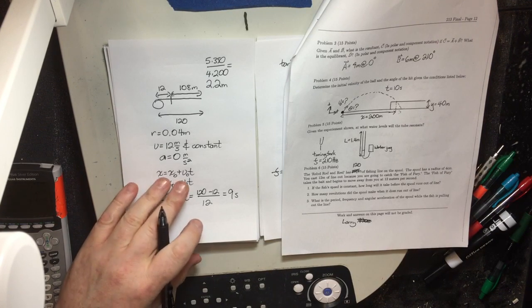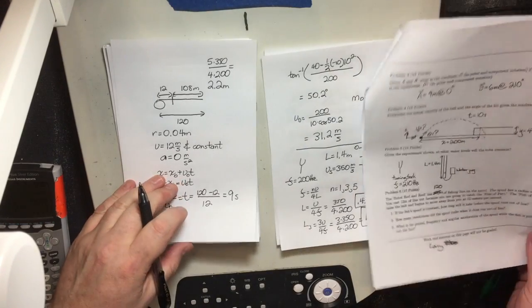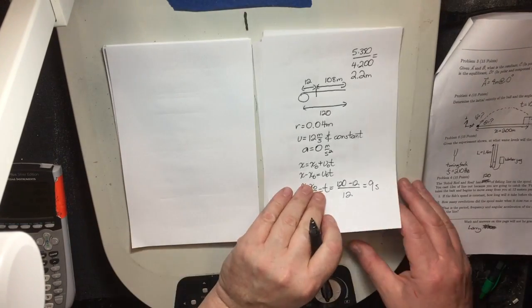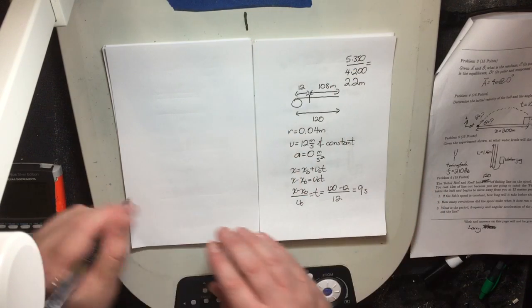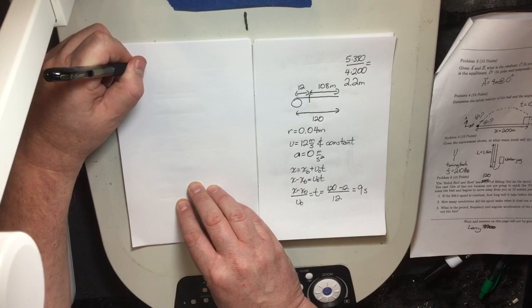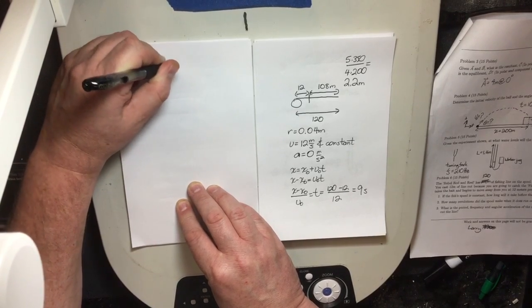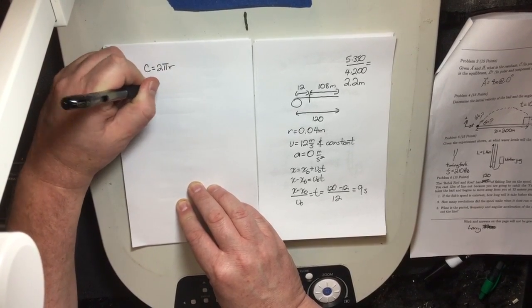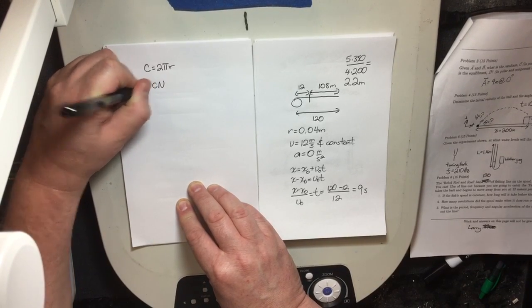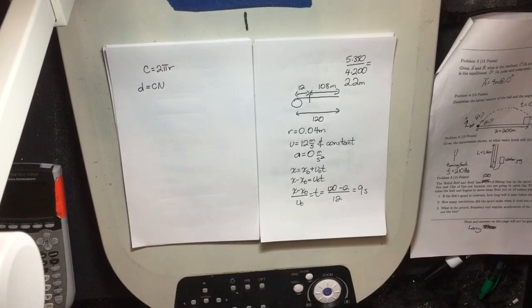How many revolutions did the spool make when it runs out of line? Well, if you know the circumference, which is 2 pi r, and you know the number of rotations, you've got the distance. If it rotates 1 time, and let's say its circumference was 1 meter, if it rotated 10 times, it would have rotated out 10 meters of string.